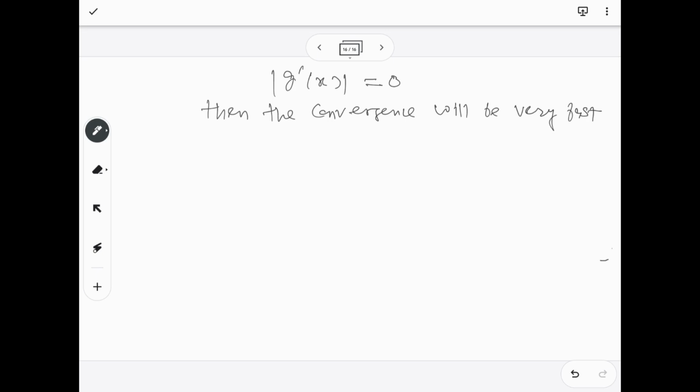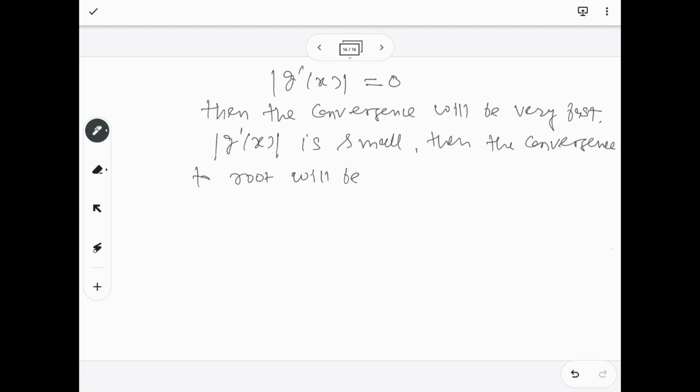So from this it comes out that if the value of g prime is small, then the convergence to the root will be fast.